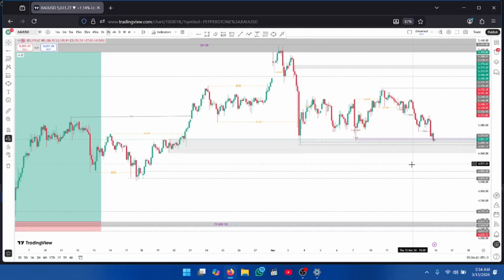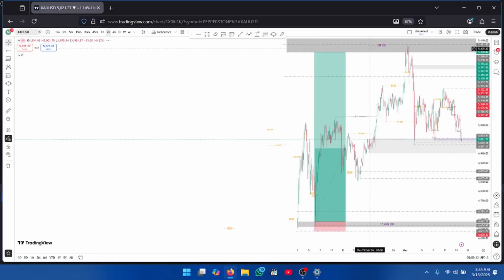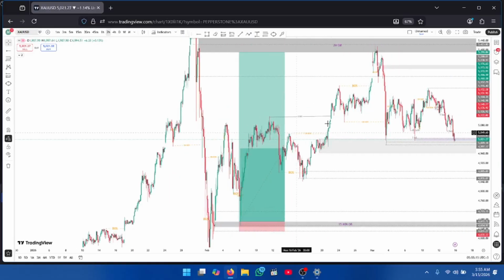If the market activates this level, since this is a break of structure, and we usually take our trade after a change of character, when the market activates this level, I'm going to update you guys after we experience a change of character and set our buy limits, targeting this very high here, or the all-time high, guys.